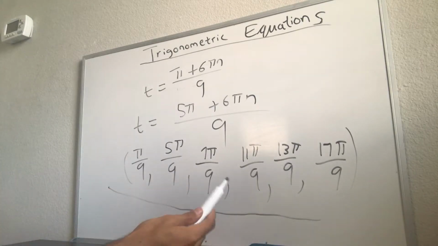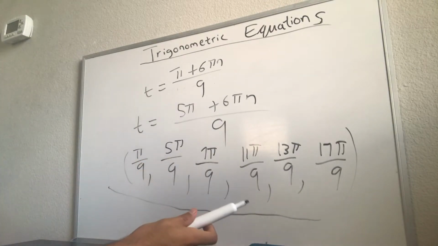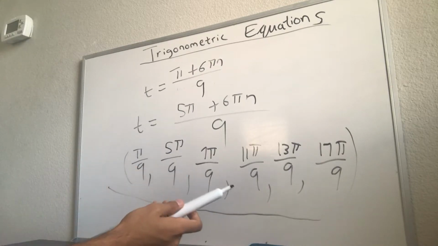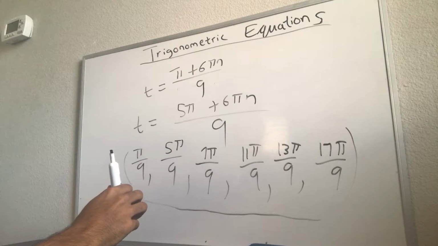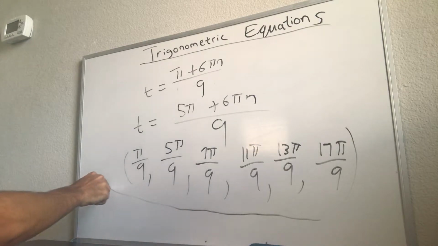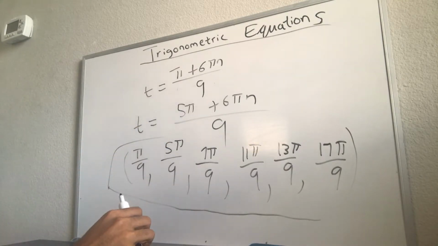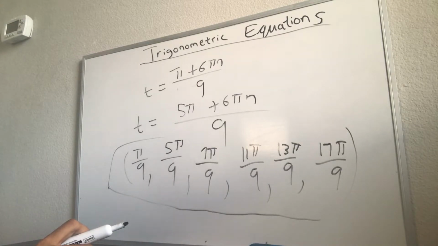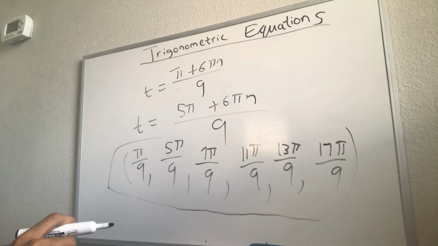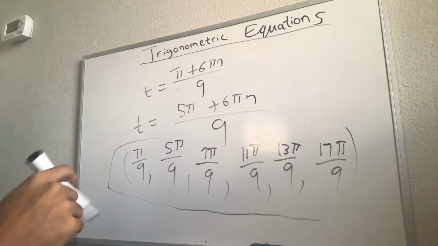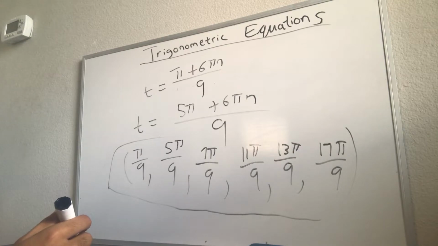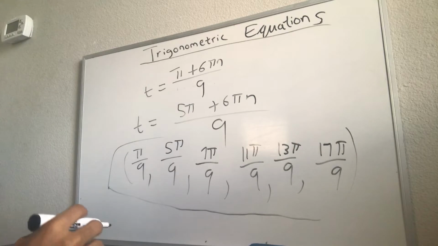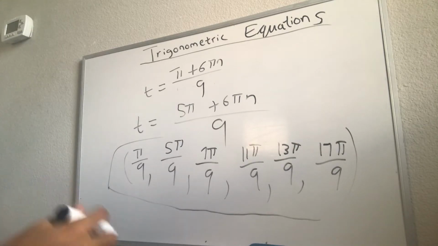And the best thing about it is, of course, you can plug these values into your calculator in for t, and then see that all of these solutions really match with the equation that we originally had. So this is how you do it. Again, the main concept is that you're just solving as you would for a regular equation. Then you always want to take the 3t, 6t, 9t and substitute that as x, determine the values for x, and then once you get those values, you want to do plus 2 pi n is equal to that original value that you had.